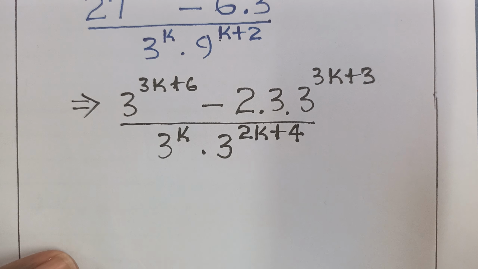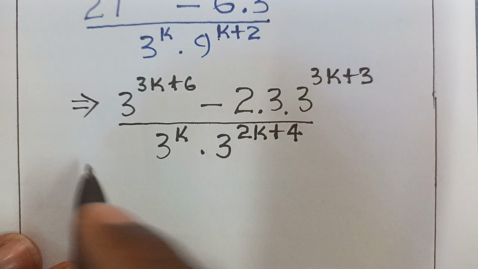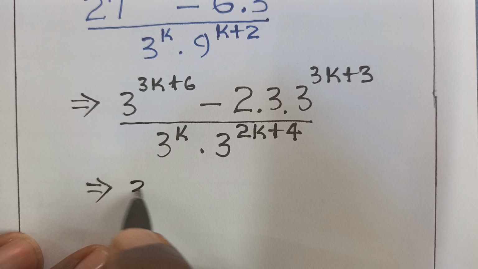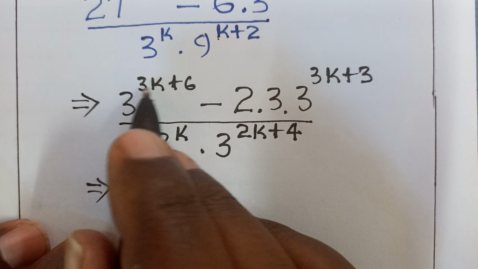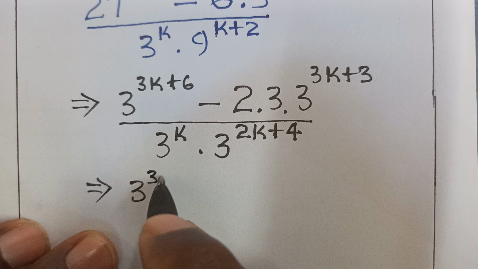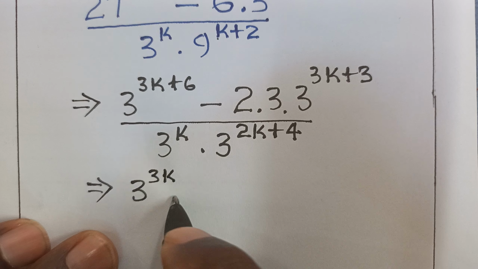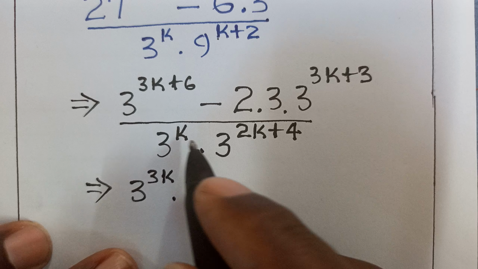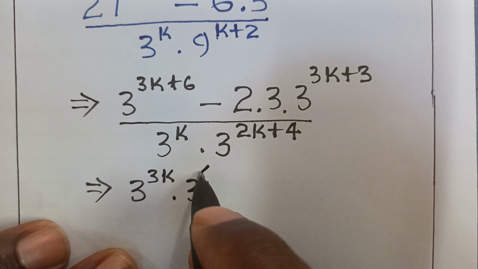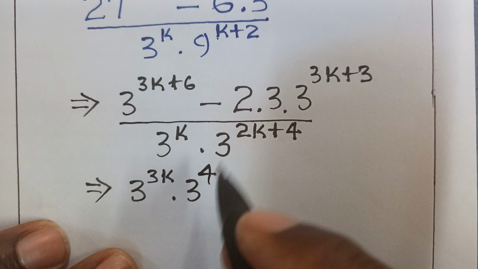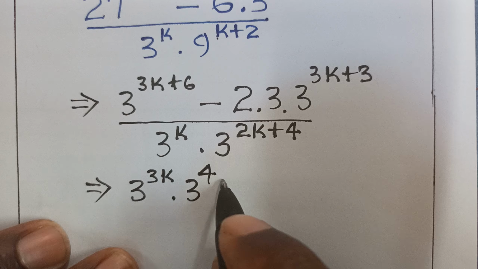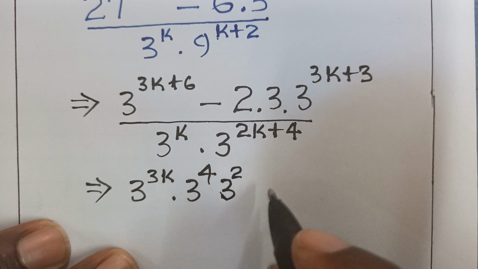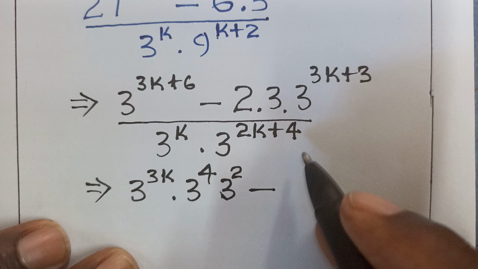From there guys, now we come and separate this, and we write 3 raised to 3k, and then I can also write 3 raised to, let's say I write 3 raised to 4. You shall see the reason why, and I write 3 raised to 2, minus 2 there.